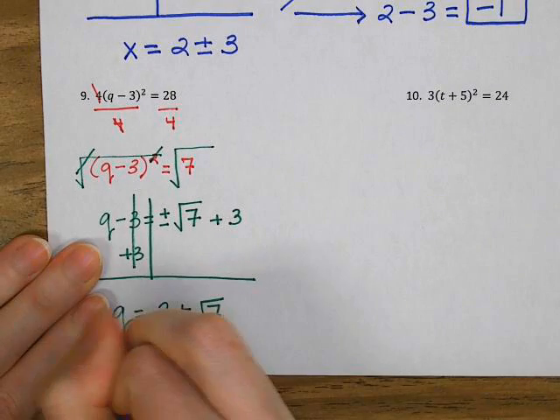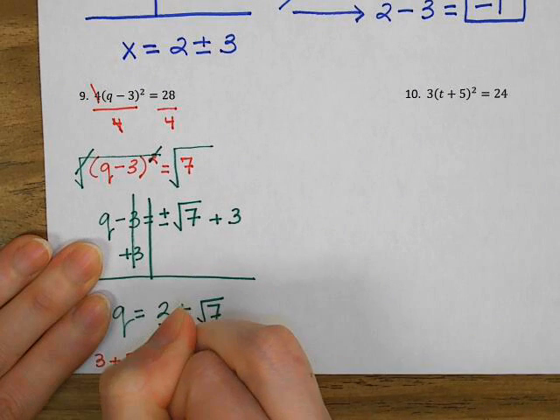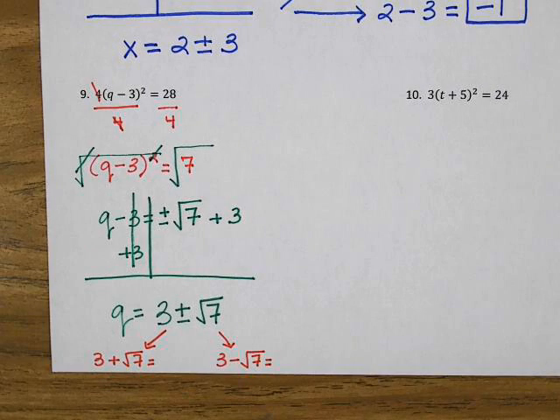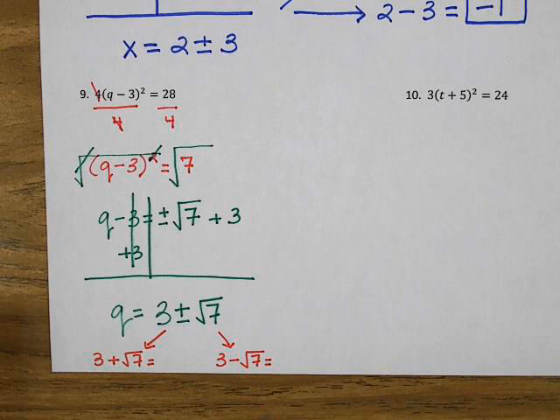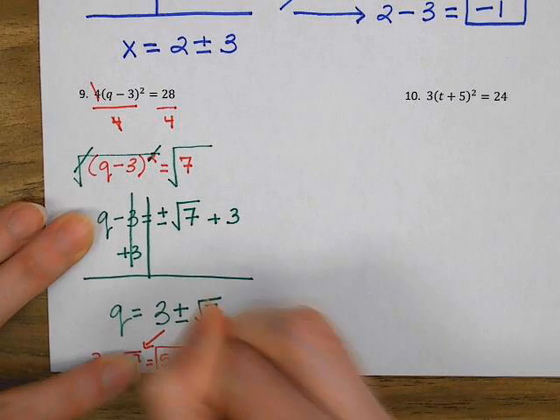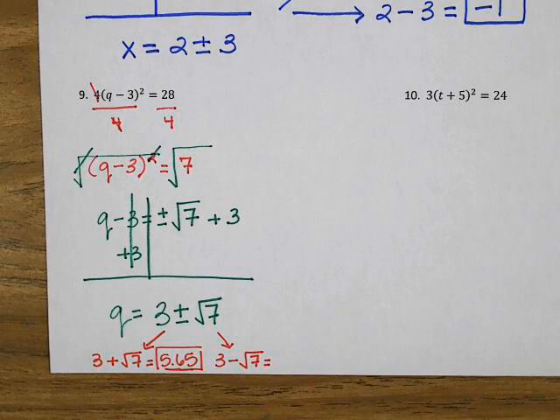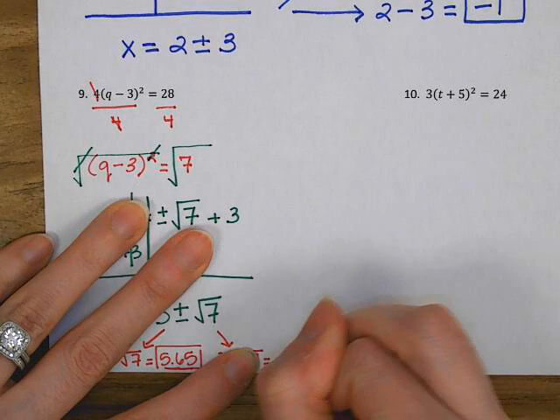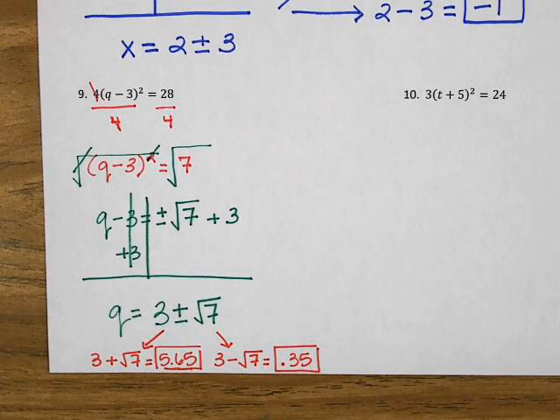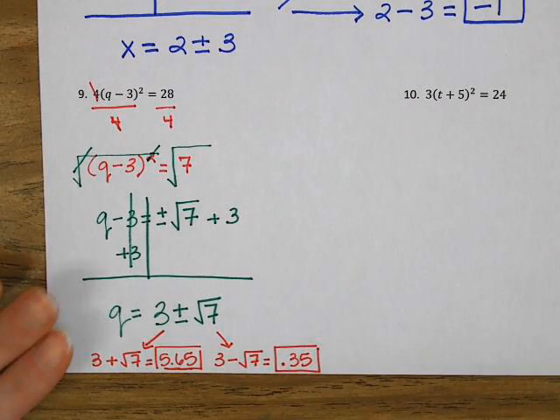One of them is 3 plus root 7, and one of them is 3 minus root 7. So 3 plus root 7 on the calculator is 5.65. And 3 minus root 7 on the calculator is 0.35. If you follow the steps, it's not too bad.